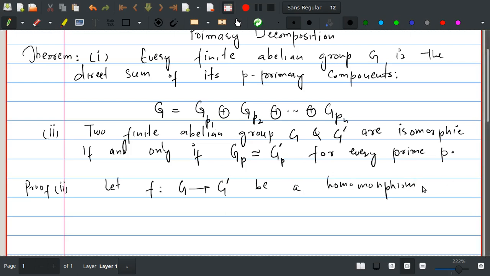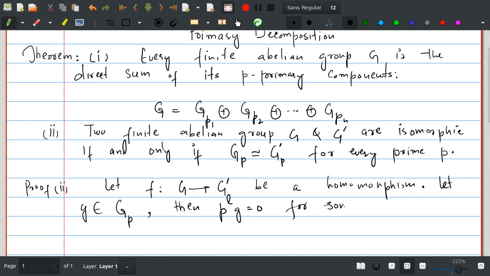And let us take an element, say g, in the p-primary component of G. If g sits here, then p to the power l times g is 0 for some integer l which is bigger or equal to 1.